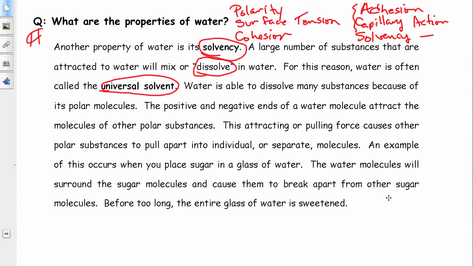We remember that experience where we made soap. So this whole idea of polarity causing solvency, or giving water the ability to dissolve other substances, is pretty cool. Let's take a look at a couple of sketches, and I'll explain them to you.